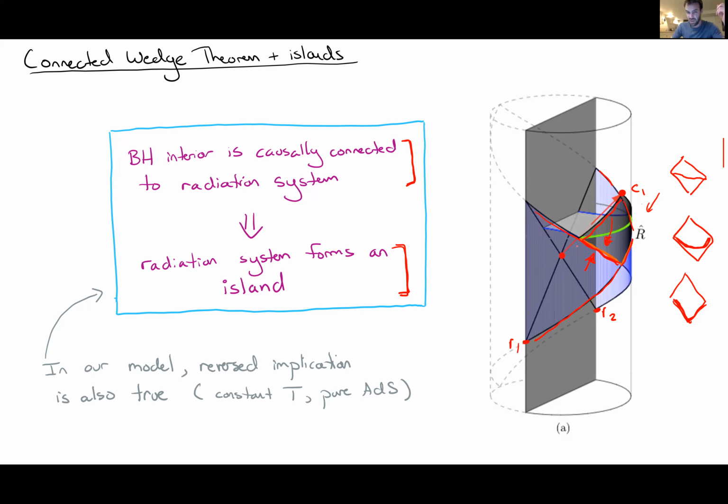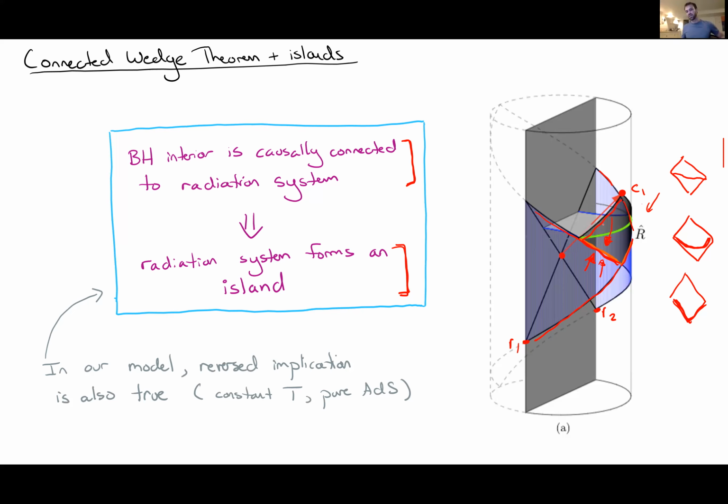But regardless of what Hamiltonian I use, it's still true that at an information theoretic level, the information in this black diamond is stored in this orange region. No, absolutely, I agree with that. Absolutely, yeah.